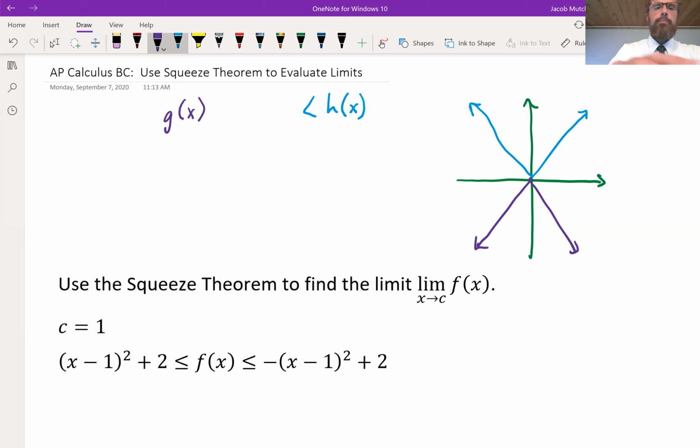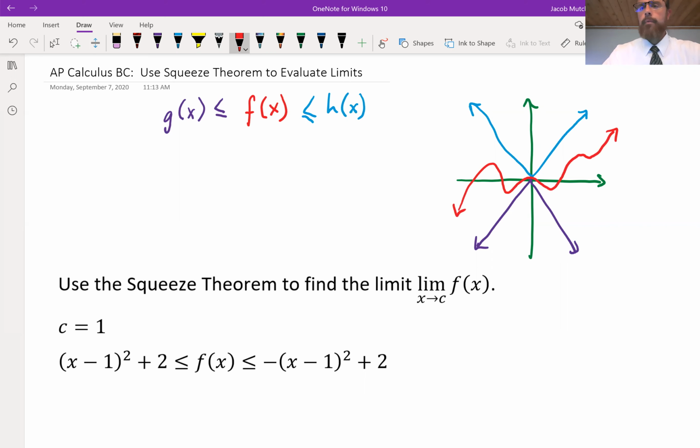So when I write the inequality, I'm going to put the equals option. But there's also a third function, f of x, that's always between those two. Again, the y values of f of x are always between the y values of h and the y values of g. It might look something like that. So graphically, that's our setup.